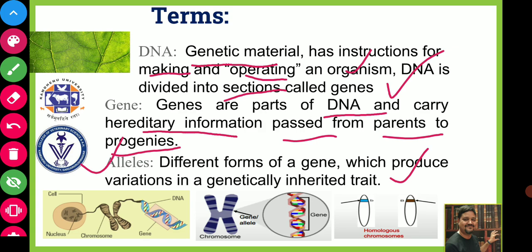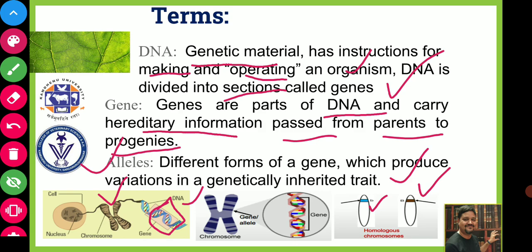Here you can see, in a nutshell, in a cell there is a nucleus. In the nucleus there will be chromosomes. A chromosome is made of DNA, and segments of DNA are known as genes. In genes are alleles, and here you can see different forms of a gene. Here it is a brownish color, and here it is a bluish color. So a different or alternate form of a gene is known as an allele.